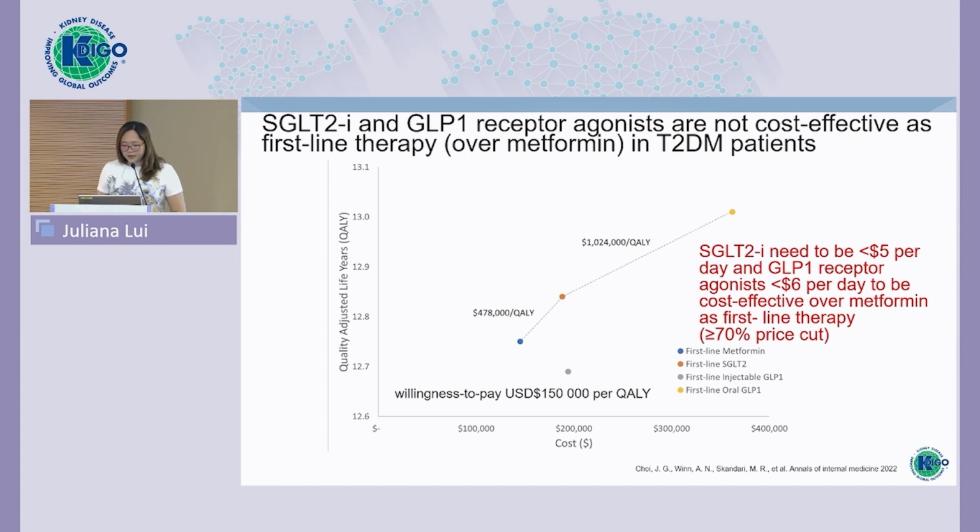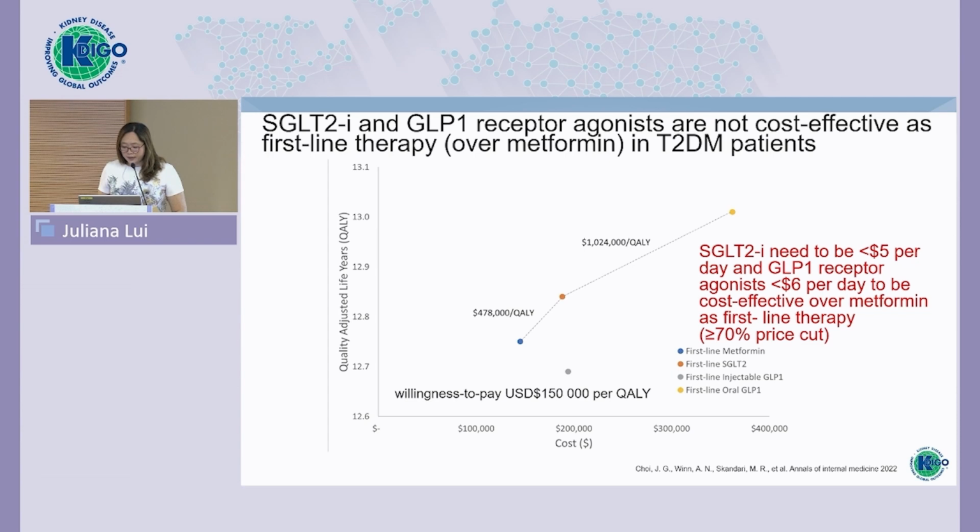However, in another CEA study, it showed that SGLT2 and GLP-1 receptor agonists were not cost-effective as first-line therapy, as compared to metformin alone. The first-line injectable GLP-1 receptor agonists cost more and reduced QALYs compared to metformin.